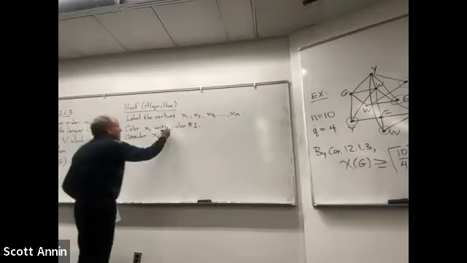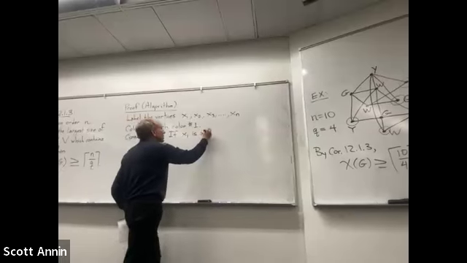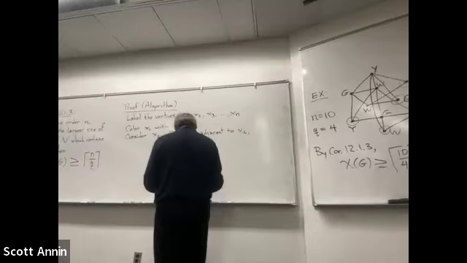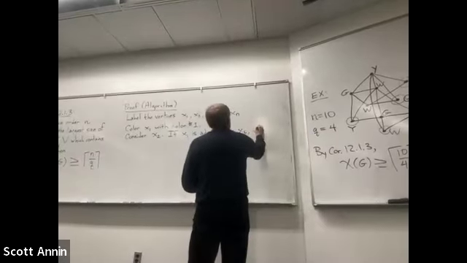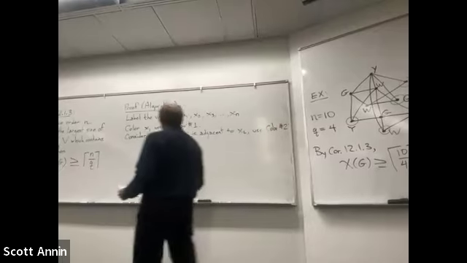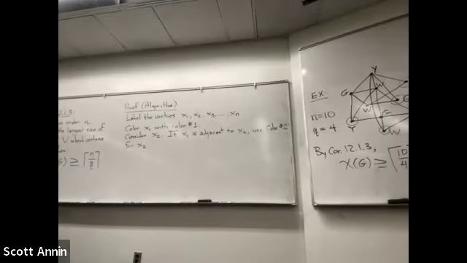Yeah, so here's the idea, guys. If x1 is adjacent to x2, then use color number 2 for x2. So if they are adjacent, then you have to use a different color, right?